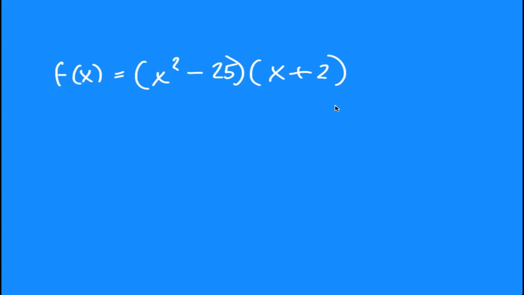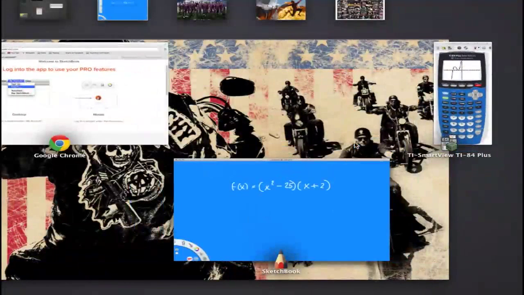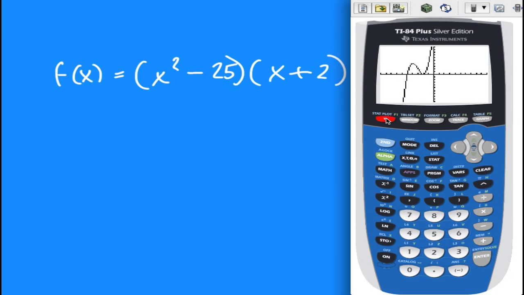What you're going to do is graph the function, x squared minus 25 times x plus 2. Here you go.